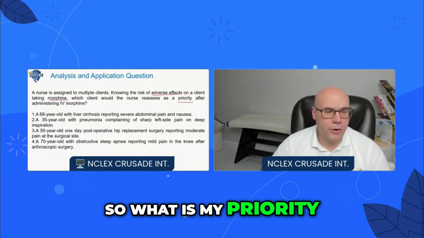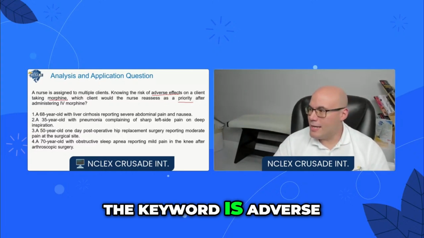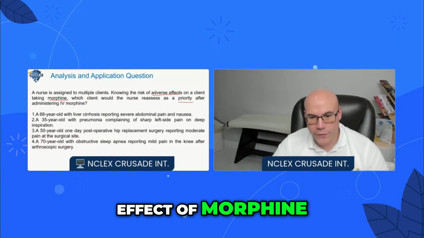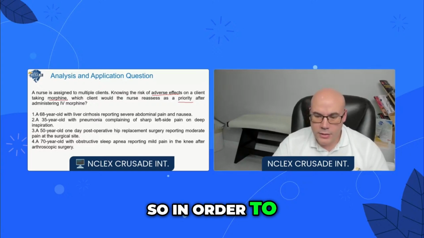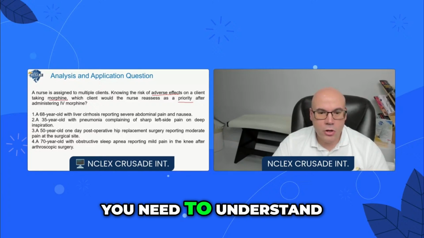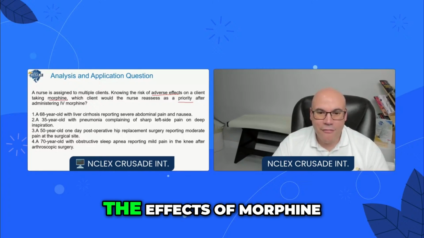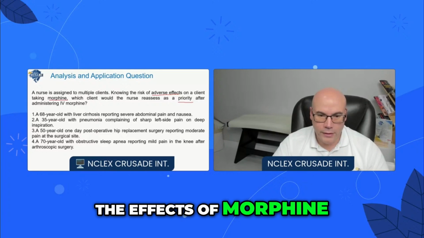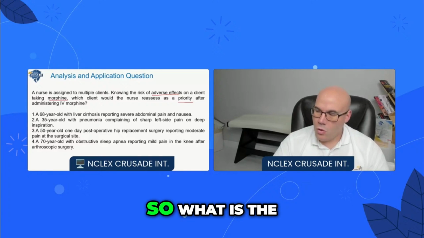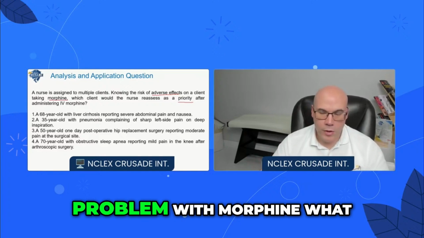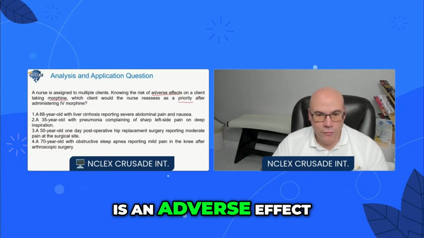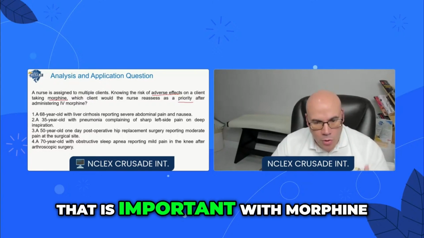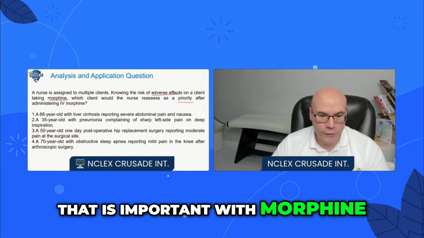So what is my priority? The keyword is adverse effect of morphine. So in order to answer this question, you need to understand the effects of morphine. So what is the problem with morphine? What is an adverse effect that is important with morphine?